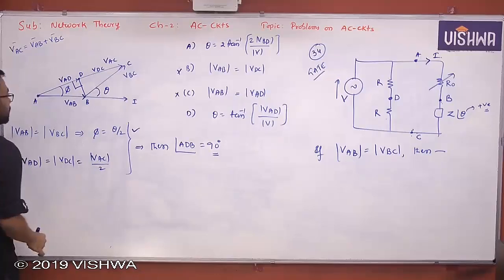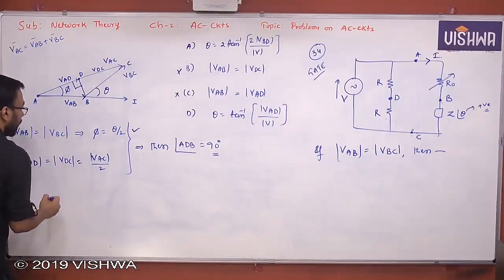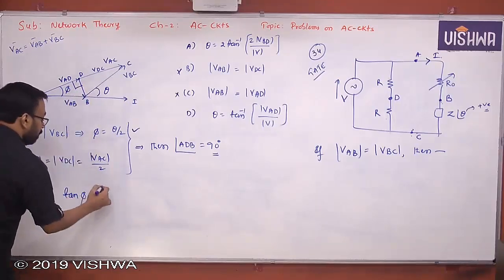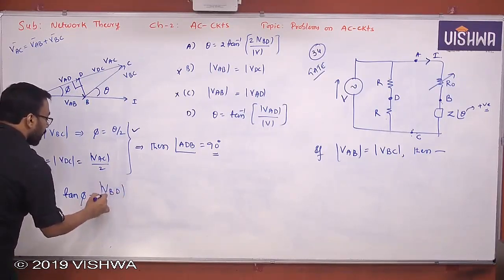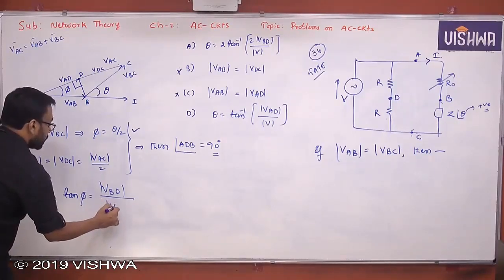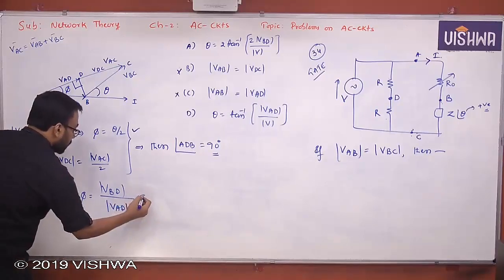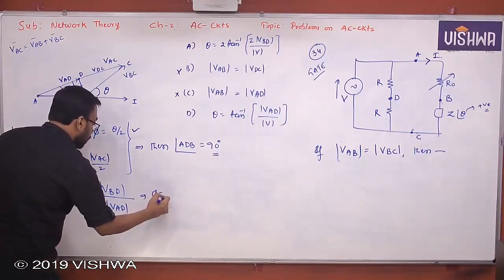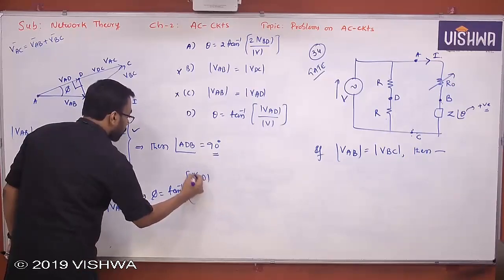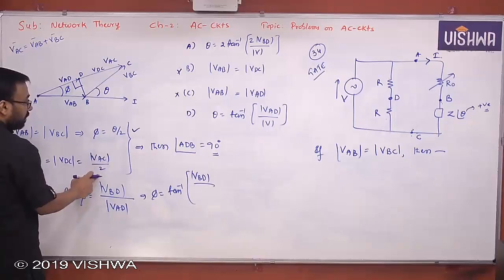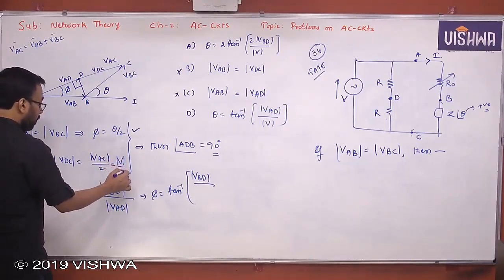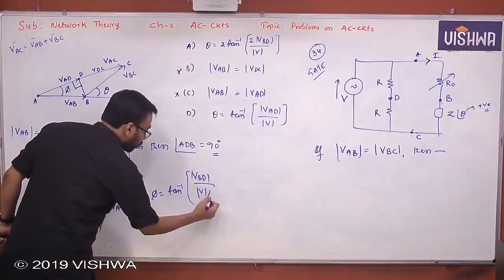So if it is 90 degrees, I can apply tan phi is equal to, what is that? The magnitude of VBD by VAD. Yes or no? VAD. So from this I can say, but what is this phi? Tan inverse of VBD by VAD, and you know that VAD is nothing but VAC by 2, where VAC is nothing but V only, so V by 2.